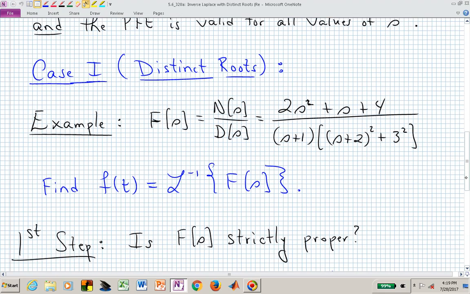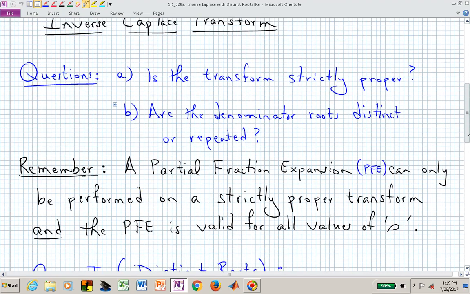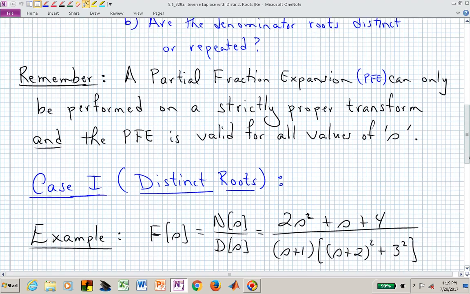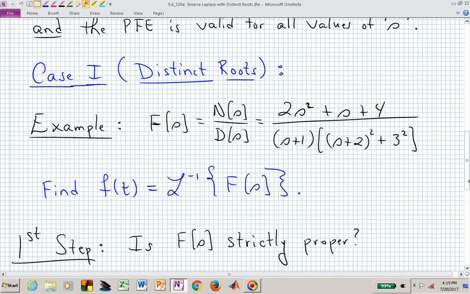Our first step is concerned with answering question A: is the transform strictly proper? That's one of the first things we need to do in working through an inverse Laplace transform problem.